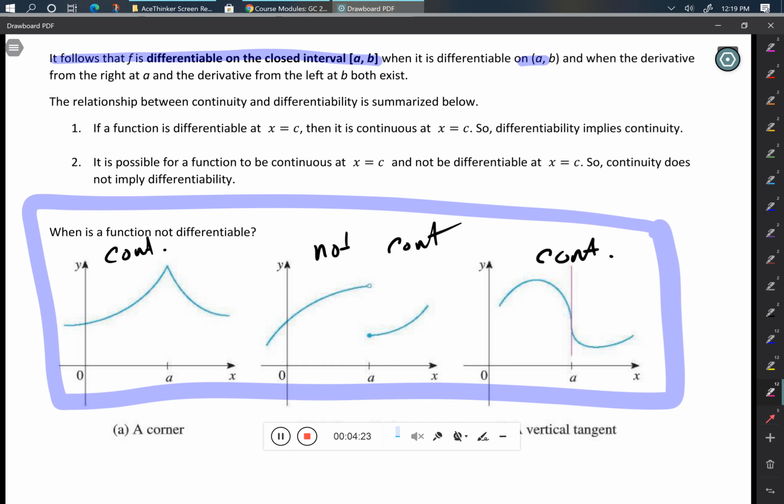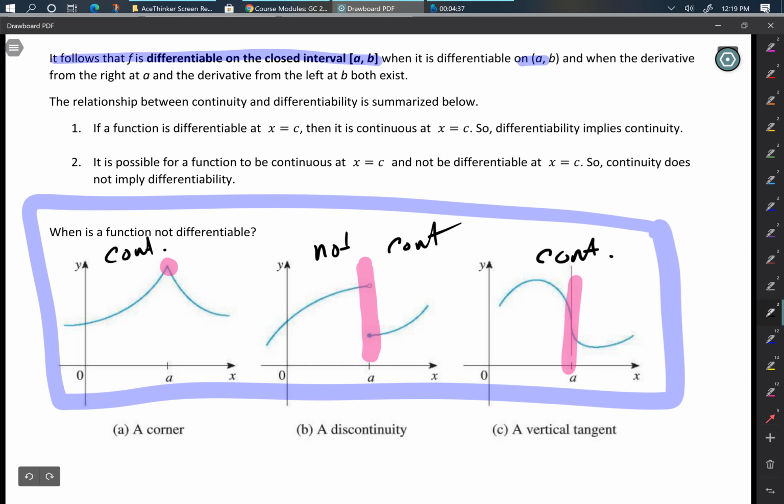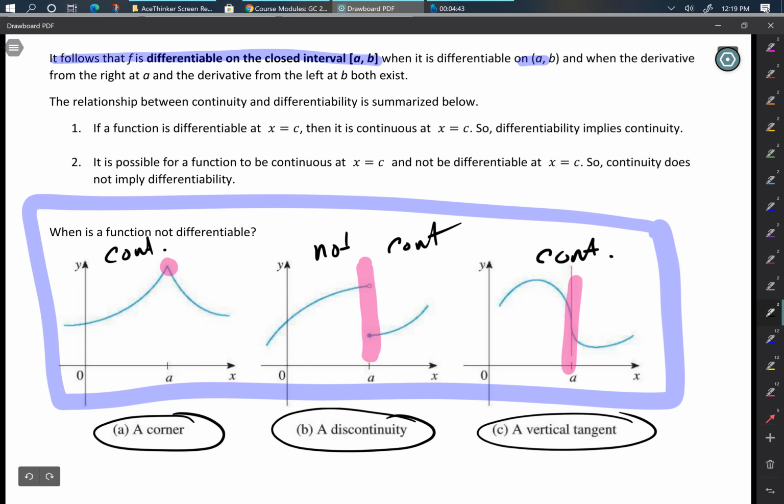This graph has a problem right here, this graph has a problem right here, and this graph has a problem right here. Just for simplicity, I've got them labeled down here as A, B, and C. So graph A on the left has an issue with differentiability at that corner right there.